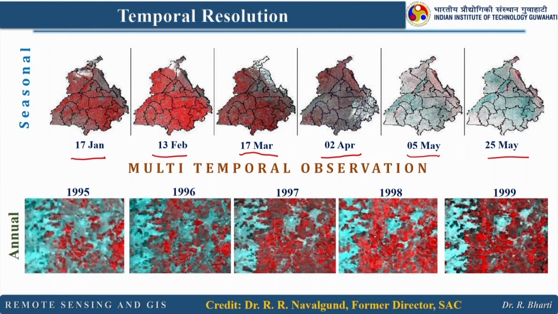In the next example you have annual changes. You see 1995, 1996, 1997, 1998 and 1999. Every year the same area has been monitored using satellite data, and you can easily find out vegetation changes.